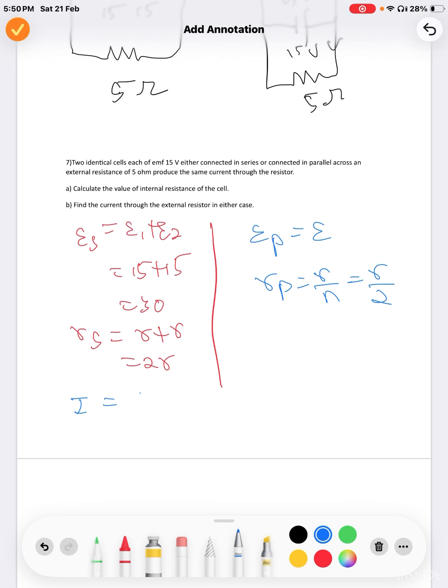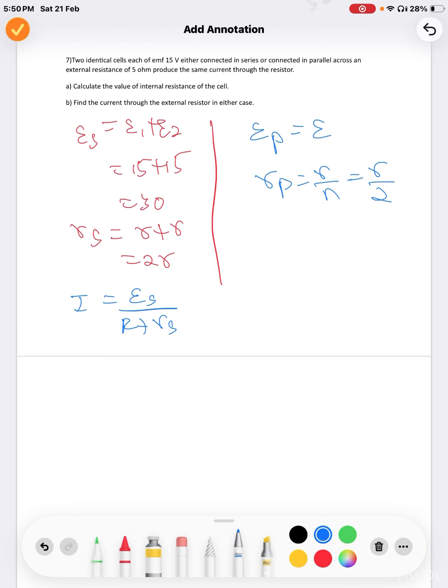I equal to EMF by R plus series. In series combination, IS is equal to 30 by external resistor value 5 plus 2R.